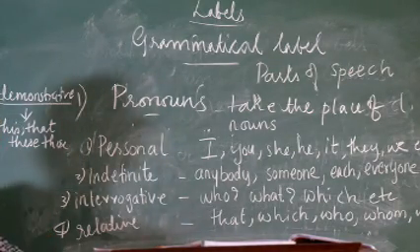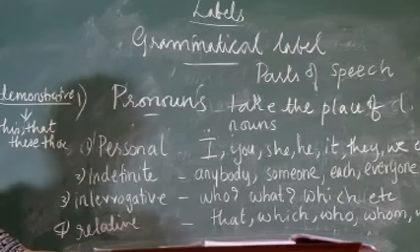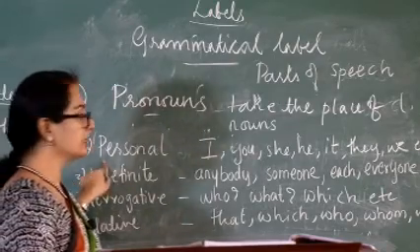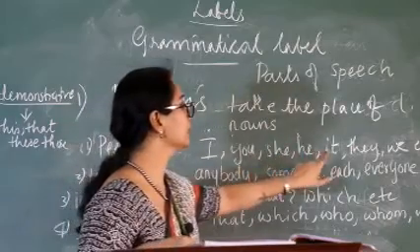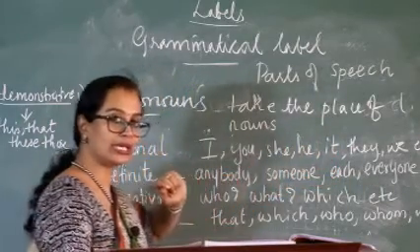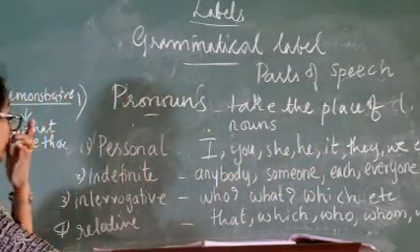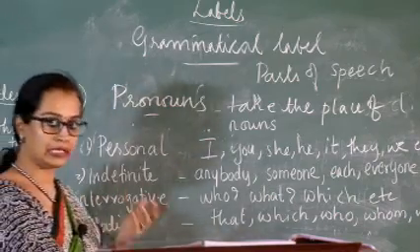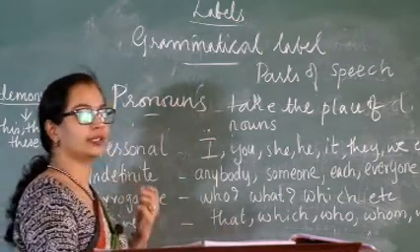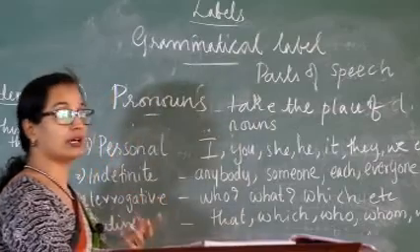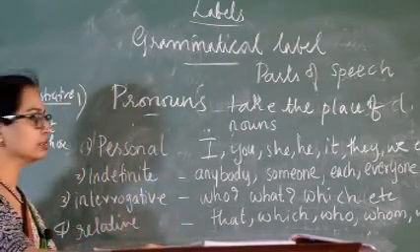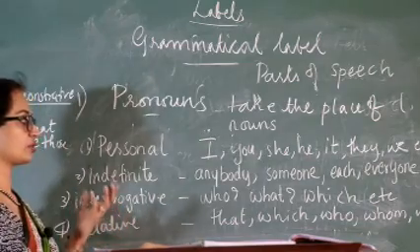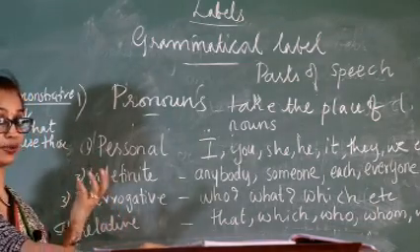pronouns, and demonstrative pronouns. Now personal pronouns are I, you, she, he, it, they, we, etc. Indefinite pronouns are anybody, somebody, each, everyone, etc. Interrogative pronouns are who, what, which, etc., with a question mark.